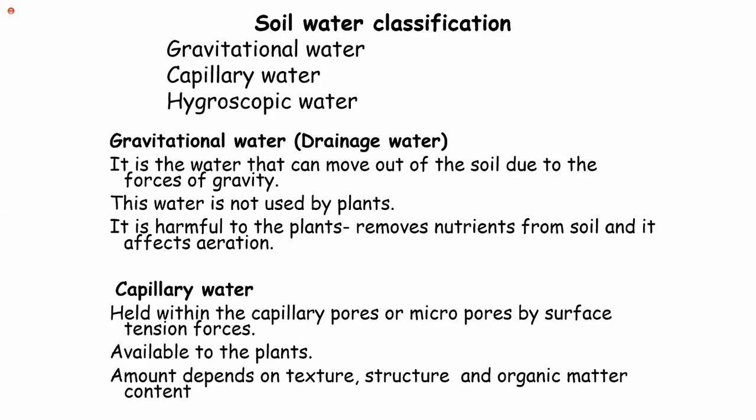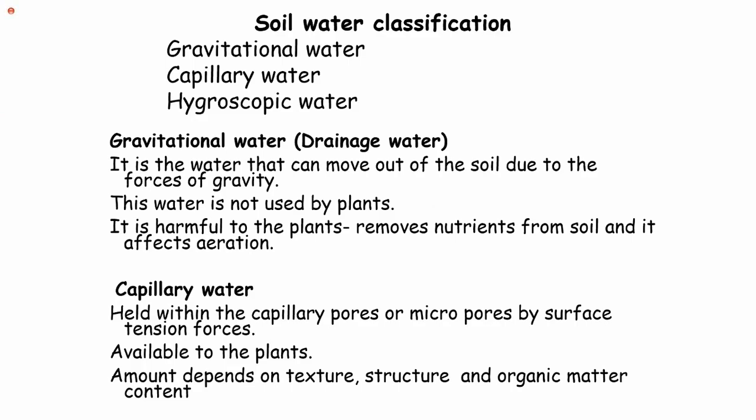So it is about the soil water classification. There are three types of water in the soil: gravitational water, capillary water, and hygroscopic water. Gravitational water is commonly called drainage water.